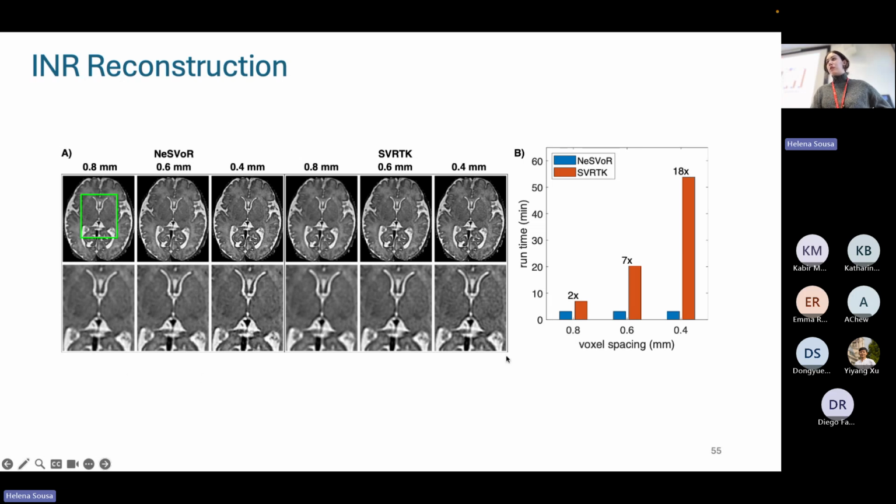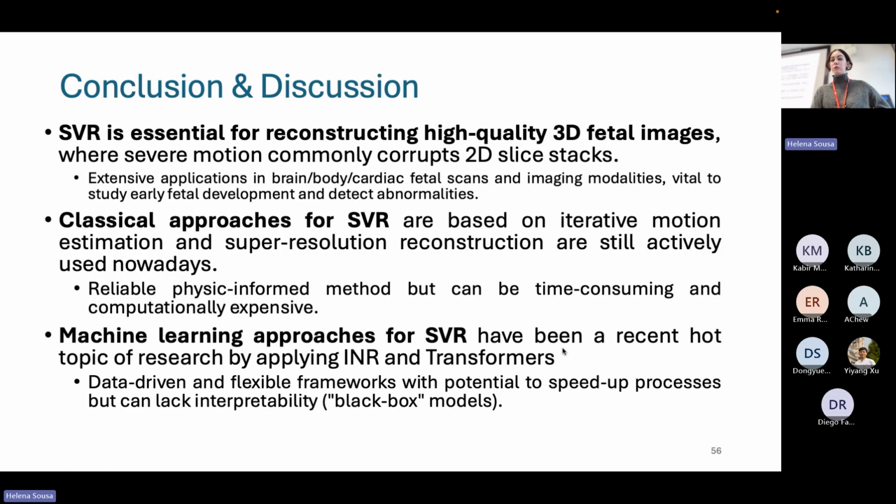This also propagates to the fact that NESVOR can be seen as taking less time to run, because we don't need to retrain this model for different voxel spacings. We just train it once, and then we can use that trained model to get our final reconstructed volume at different resolutions, which the classical methods don't do.